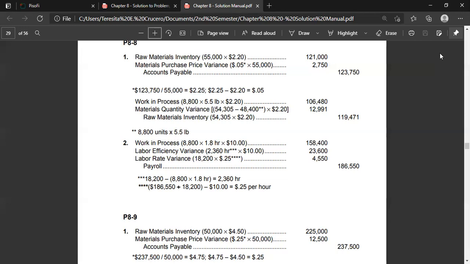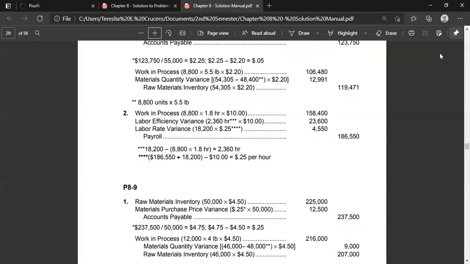So the debit to labor rate variance is at 20.25 cents per hour for 550. Then credit to payroll for the actual payroll of 186,550.